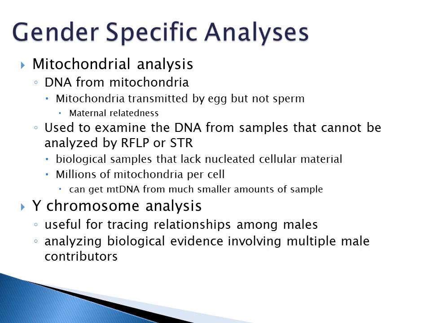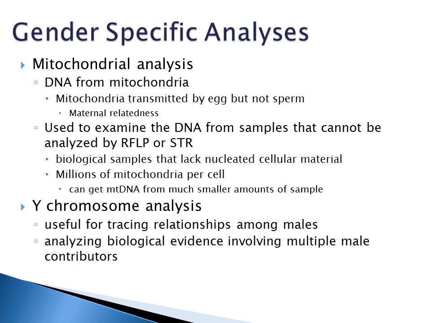Also, some gender specific analyses can be performed. You can do mitochondrial analysis, so you extract your DNA from your mitochondria. Mitochondria are transmitted by the egg and not the sperm, so this can be used to study individuals related through a maternal or female line.